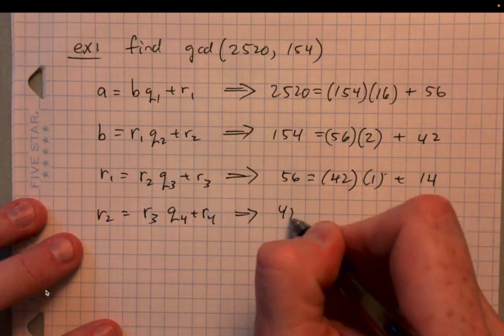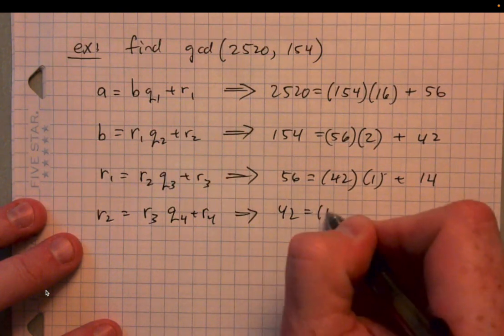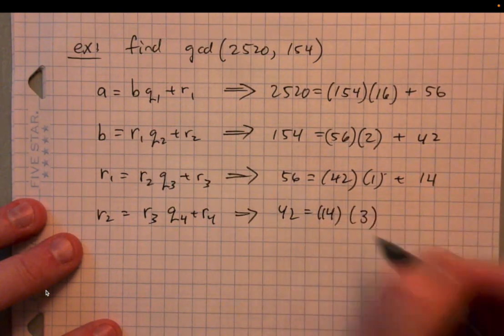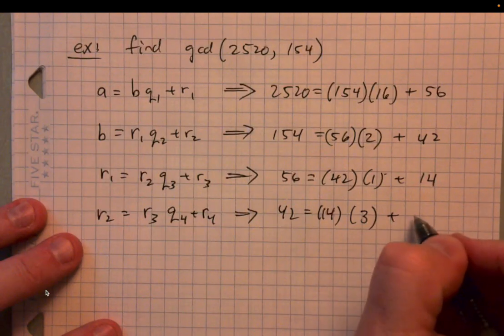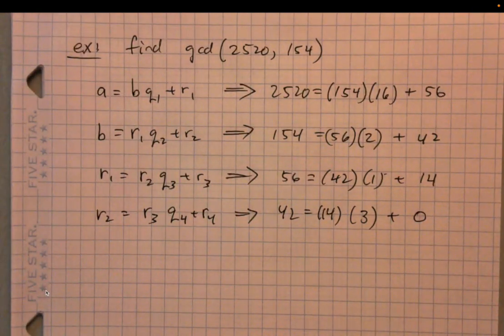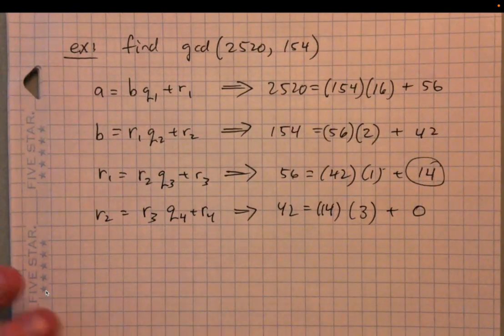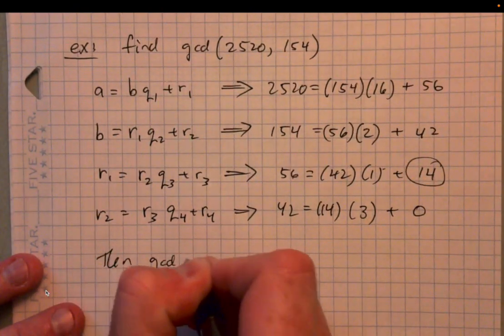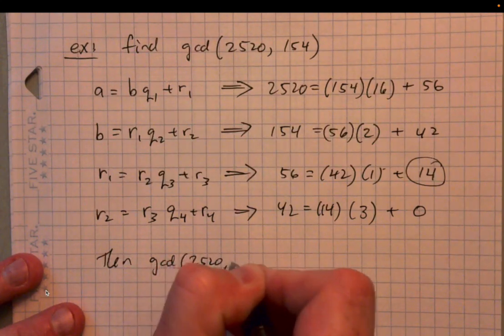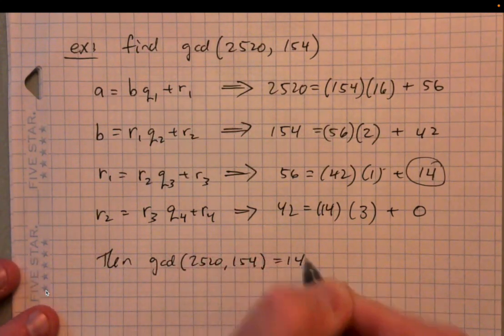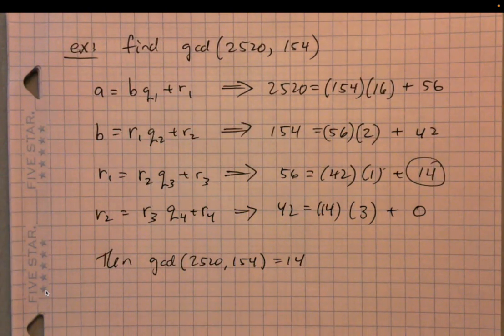So that's 42 equals, divide that down by 14, goes in there 3 times, and the remainder is actually 0. So you just do this process until the remainder is 0, and the last non-zero remainder is the GCD, so that means this is the GCD. So the GCD is 14. Okay, and so that's exactly what you would want to see.